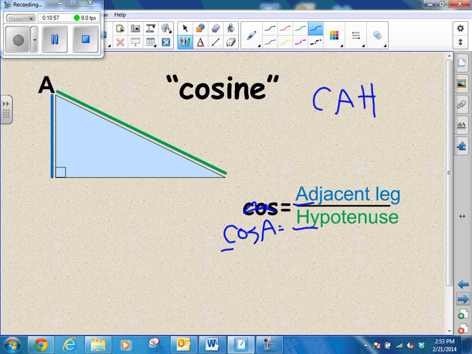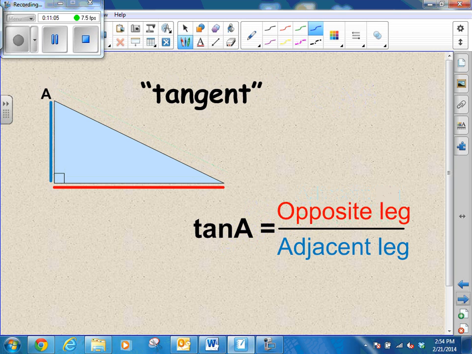All right. Tangent, that's the TOA. What's that going to be? Opposite leg over adjacent leg. Very good. So TOA, opposite over adjacent. Now again, remember, I don't have to be locked at angle A. I could move down to another angle here, but that'll change a little bit.